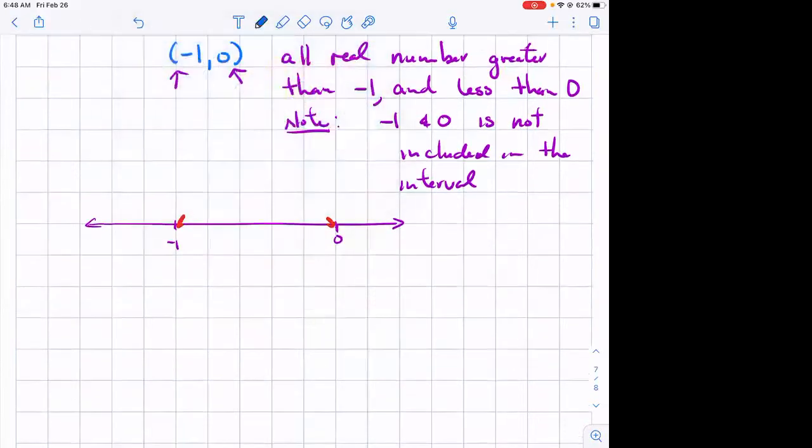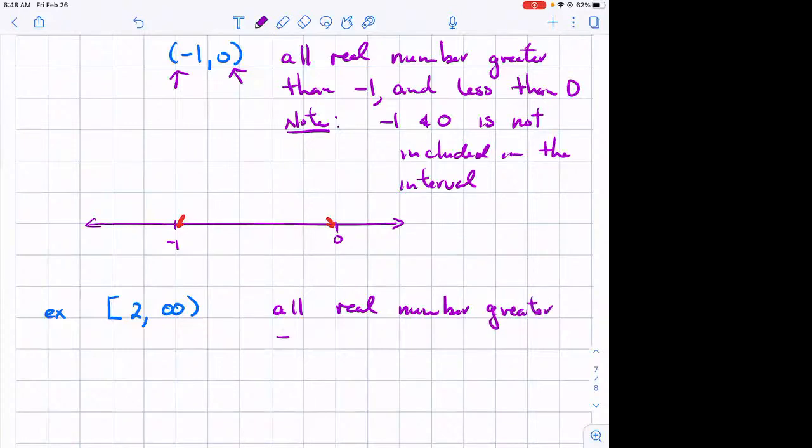For example, if we have the interval 2 to infinity, here we're talking about all real numbers greater than or equal to 2, going all the way to infinity.